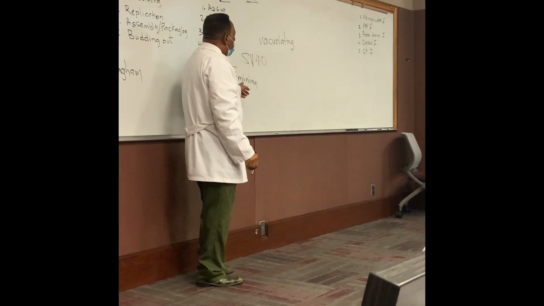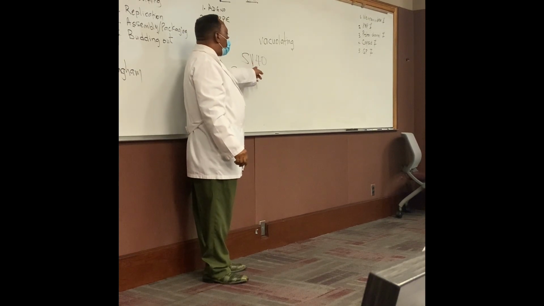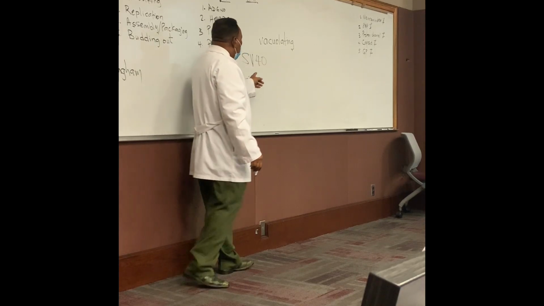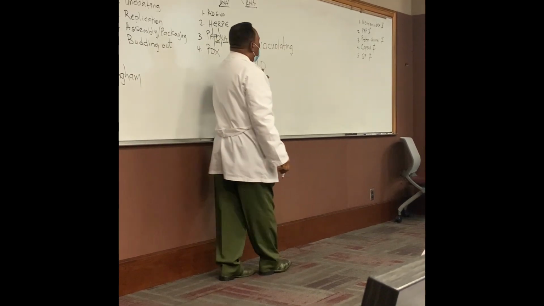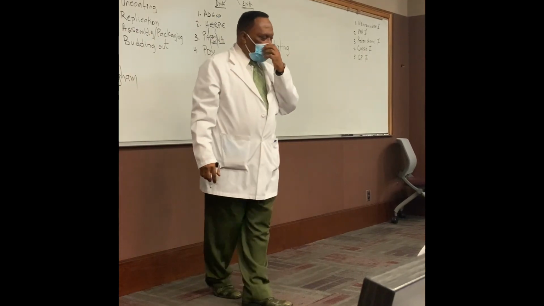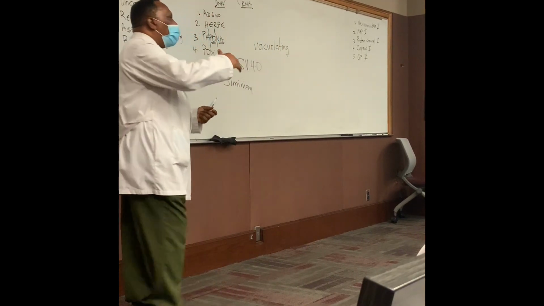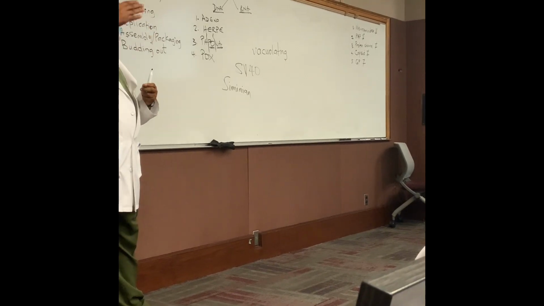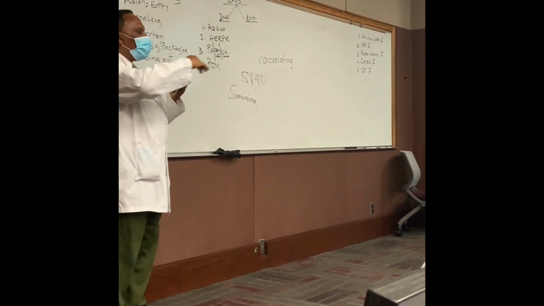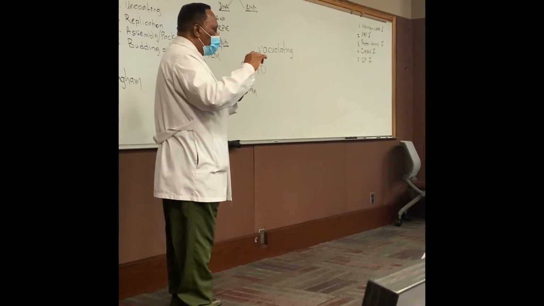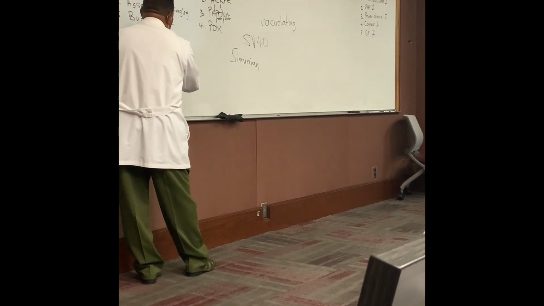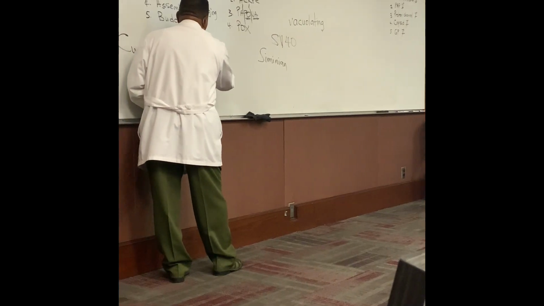So simian vacuolating virus number 40. The 40 was just to identify a particular number when they were looking at the viruses that first came from your rhesus monkey.